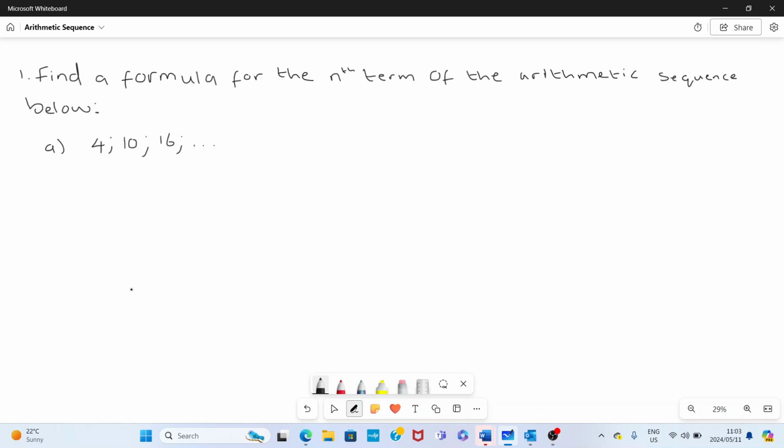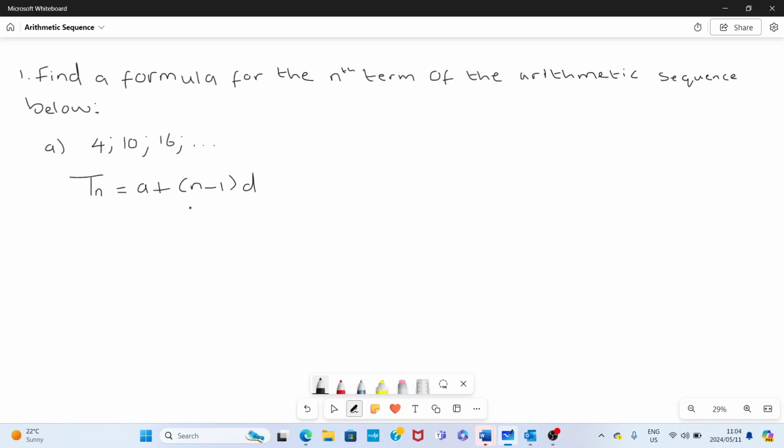This question says, find the formula for the nth term of the arithmetic sequence below. So we know what the formula for the nth term is, right? As we have seen on the previous notes, it is given by Tn equal to a plus (n minus 1) multiplied by d.